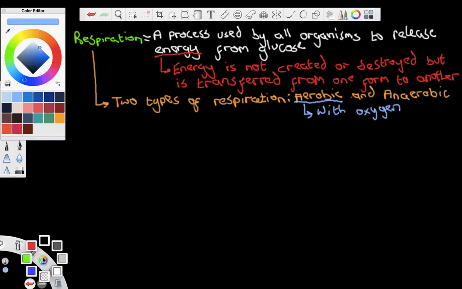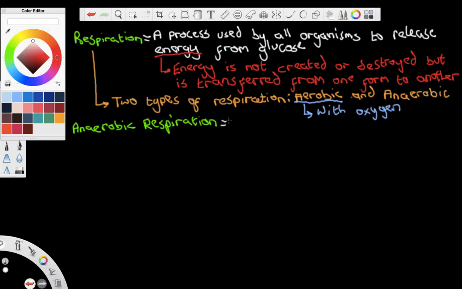So anaerobic respiration is defined as the release of energy from glucose without the use of oxygen.